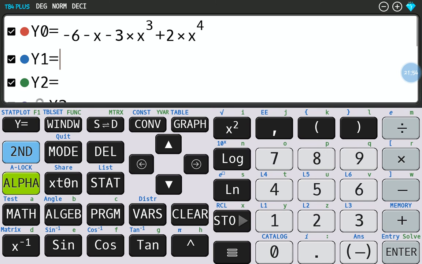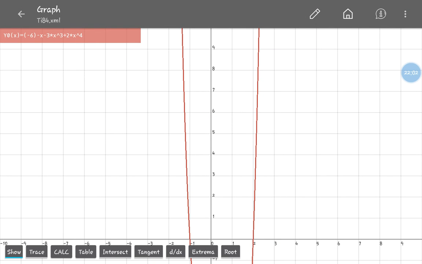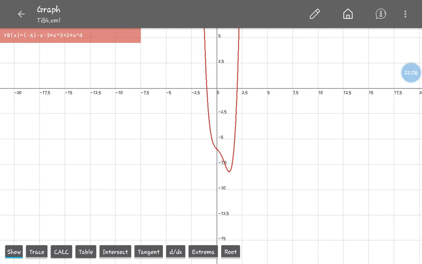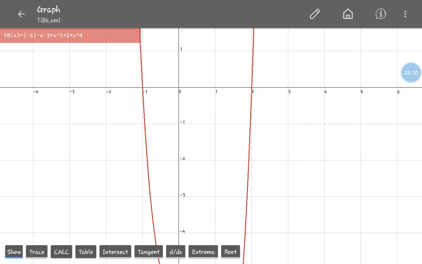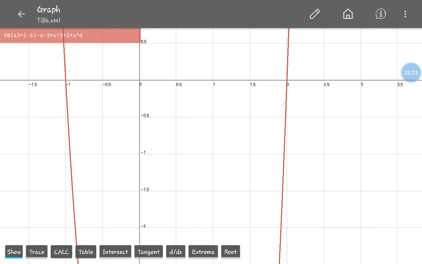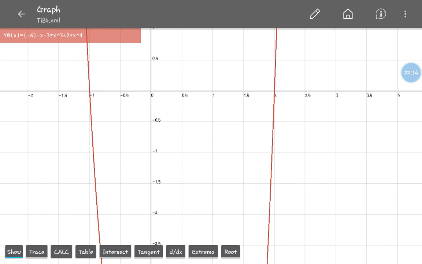Oh, they just write it down in ascending order. So graph. Okay, here's my graph. So see, this is my graph. I have to find out my zeros. So did you see the intersection right here?